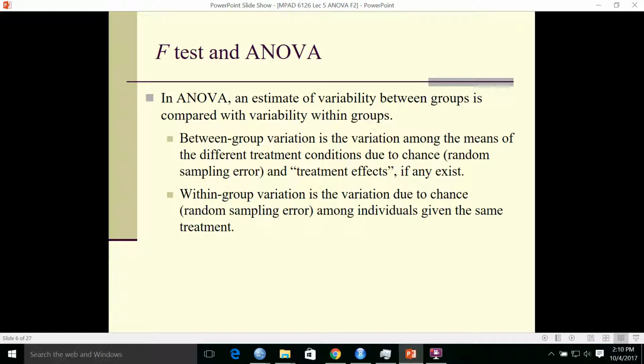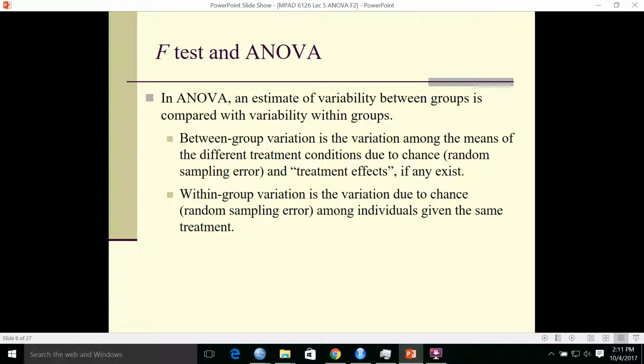So formally defined, between group variation is the variation among the means of the different categories or treatment conditions, both because of chance and because of different treatment effects, if any were to exist.